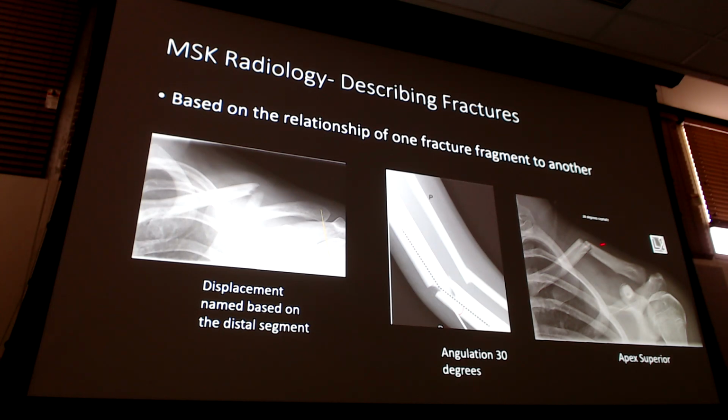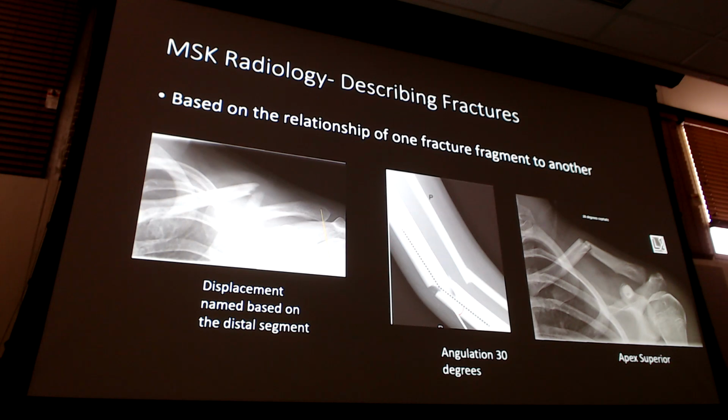I see 1 and 2. I can't really tell if that little piece there is off by itself, so I'm going to call it simple because it just looks like 2 pieces to me, right? So what I would do here is say I have a simple left clavicle fracture, apex superior. What that tells us is it's broken, it's forming a point, and it's pointing upwards.